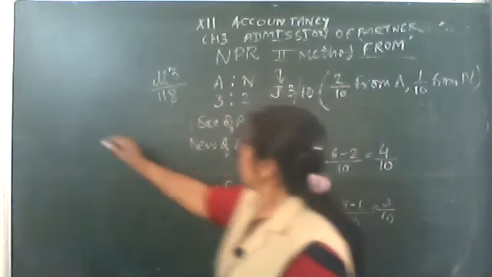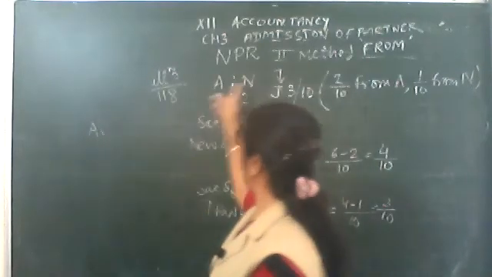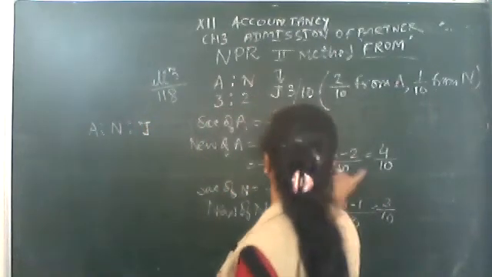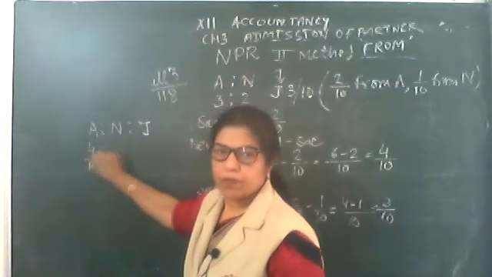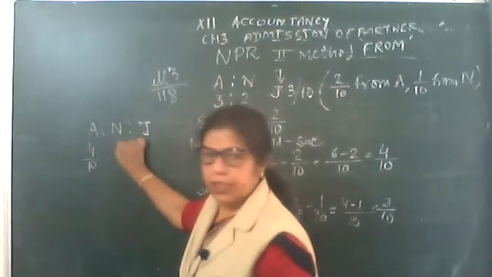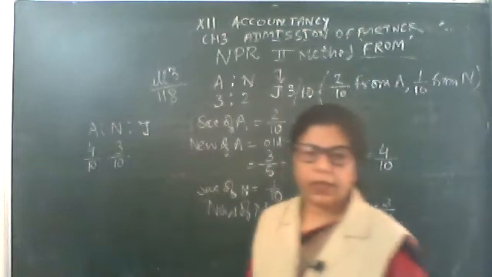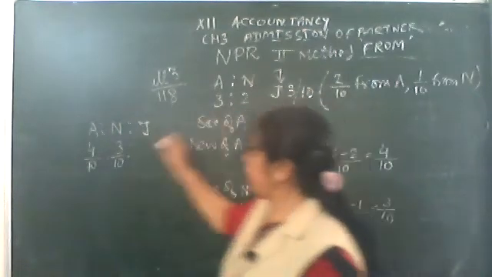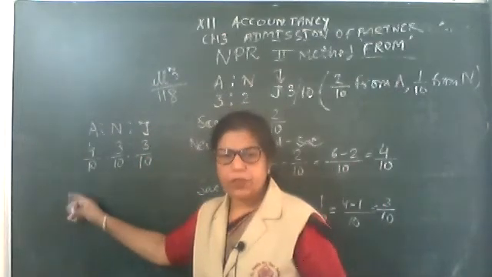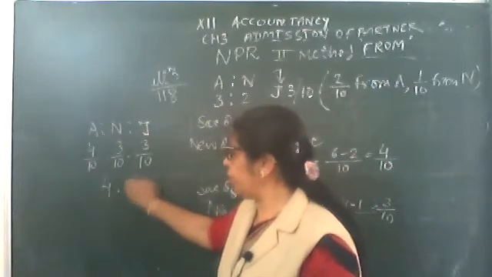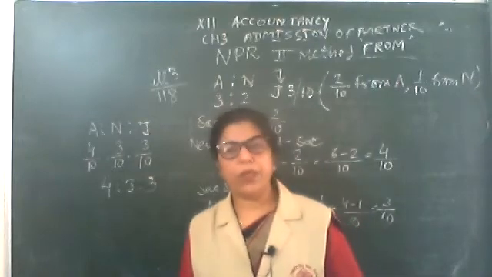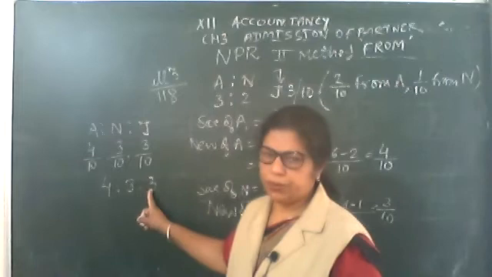So as I explained, A's share is 4 by 10, N's share is 3 by 10, and J's share is clearly given, 3 by 10. Here the denominator is the same, so our answer will be clearly 4, 3, 3. 4, 3, 3 will be the new profit sharing ratio.